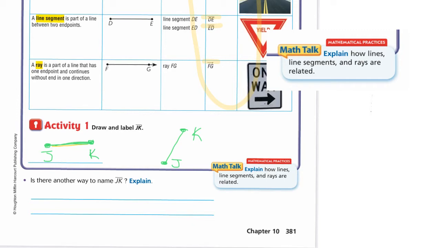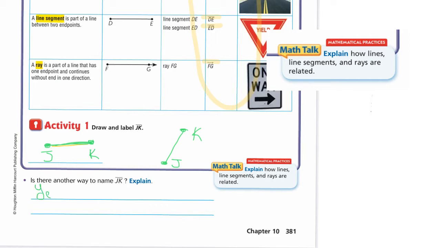And then lastly, is there any other way to name line segment JK? I think there is. Think to yourself, could we rewrite it and name it a different way? 5 seconds. If you think yes, you are correct.